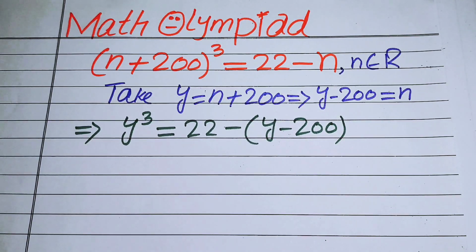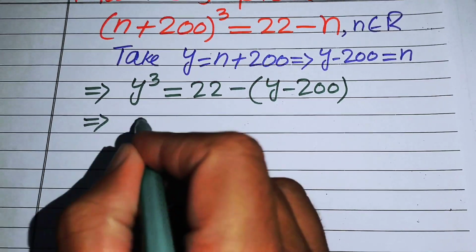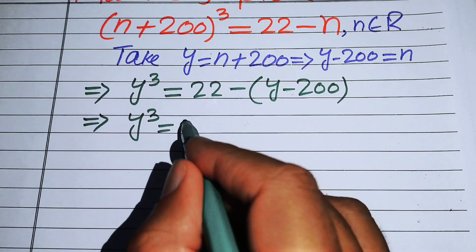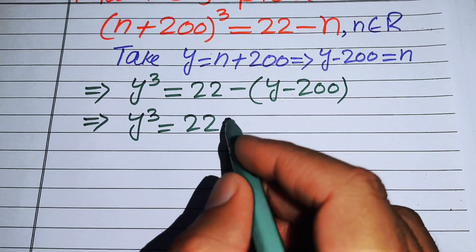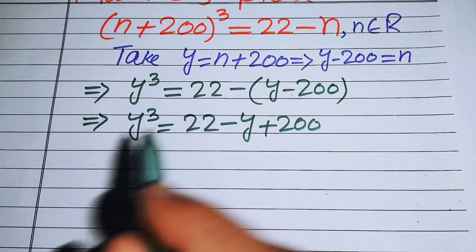Okay, so now we will make a little bit of simplification here, and the very first thing we are going to do is multiply this minus sign on both of the terms, and you get 22 minus y plus 200.